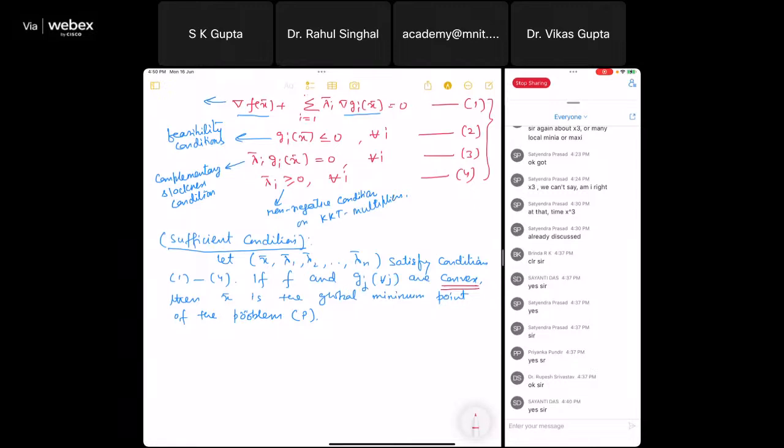So yes, there are some functions like pseudo-convex, quasi-convex, invex functions in the literature. These are a wider class of functions; they may not be convex, but for these functions KKT conditions are also sufficient.